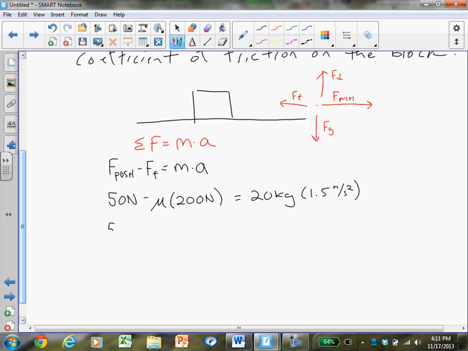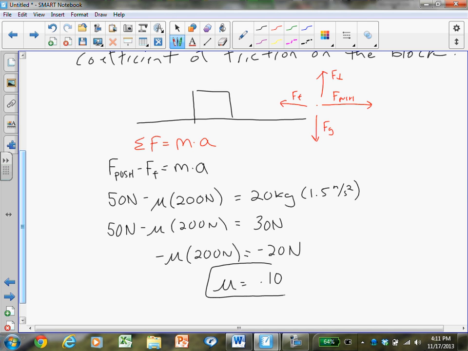So we have 50 newtons minus mu 200 newtons equals 30 newtons. Subtract the 50 over: minus mu 200 newtons equals minus 20 newtons. So mu would equal 0.10 in that case.